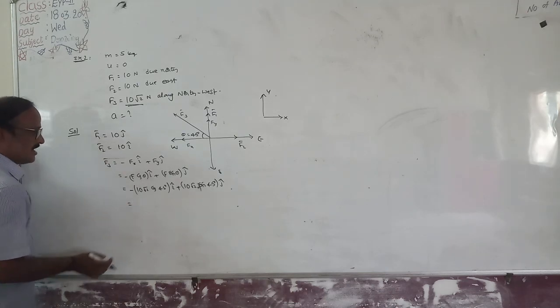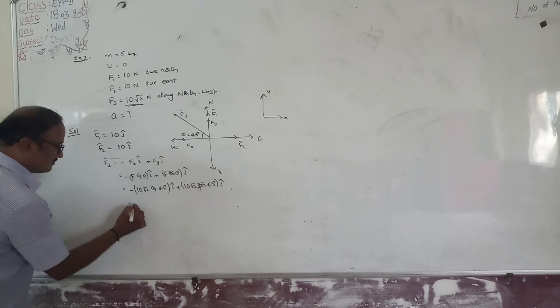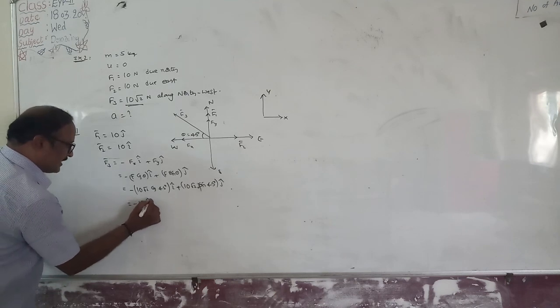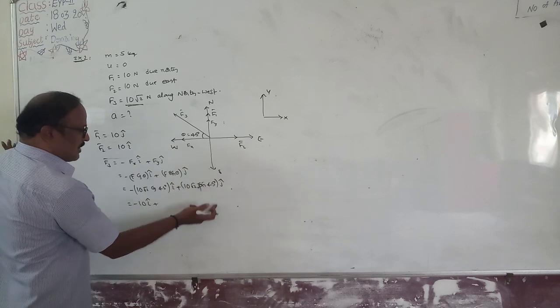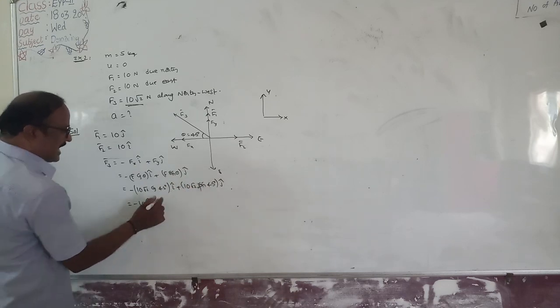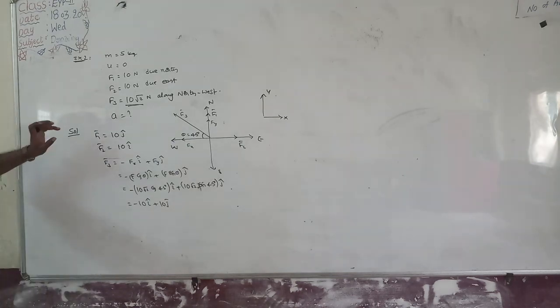Cos 45 is 1 by root 2, root 2 cancels. That is minus 10 into I cap, plus sin 45 is also 1 by root 2, root 2 cancels, 10 j cap. Right? These are F1 bar, F2 bar, F3 bar.